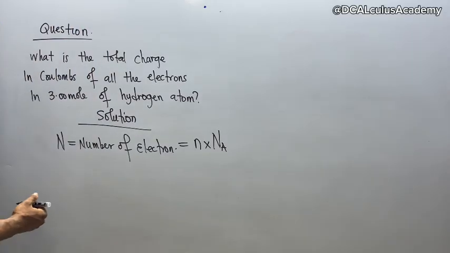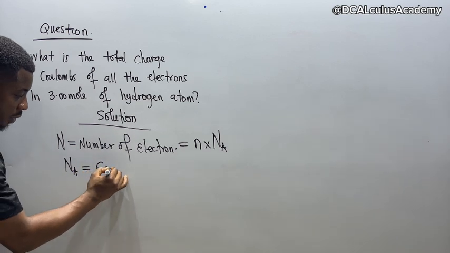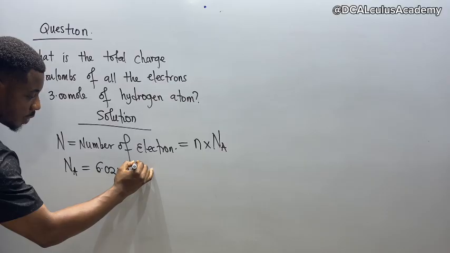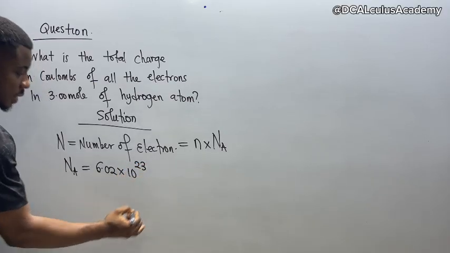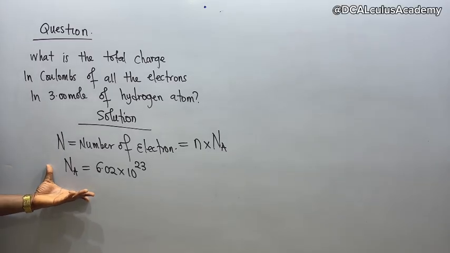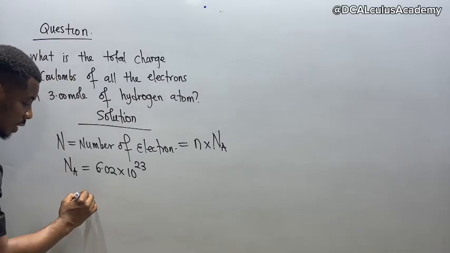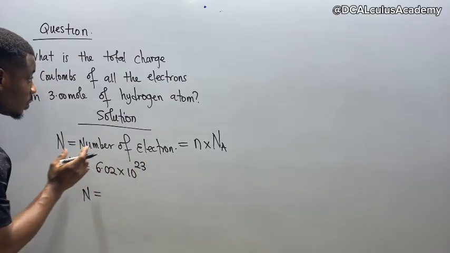Now, what is Avogadro's number? Remember, Avogadro's number is 6.02 times 10 to the power of 23. So to obtain the number of electrons, the number of moles in the equation is 3.